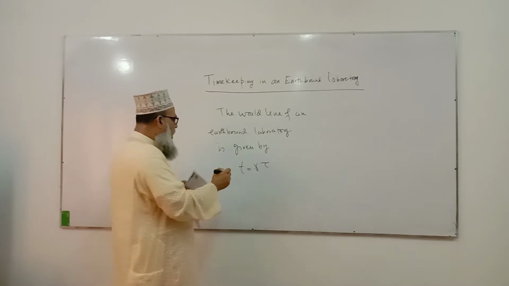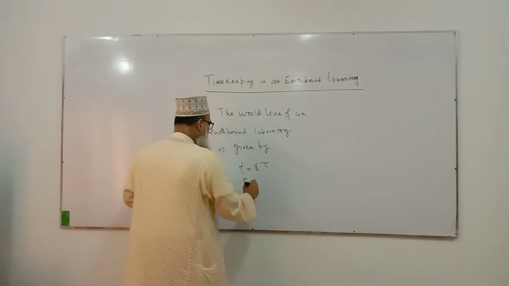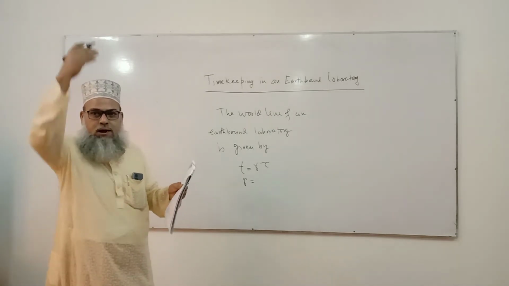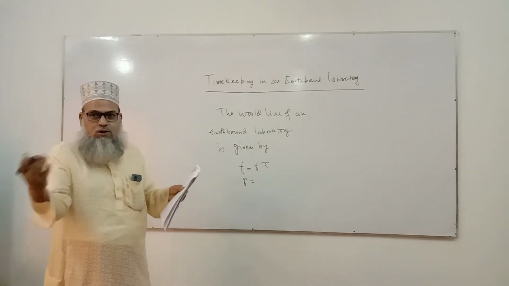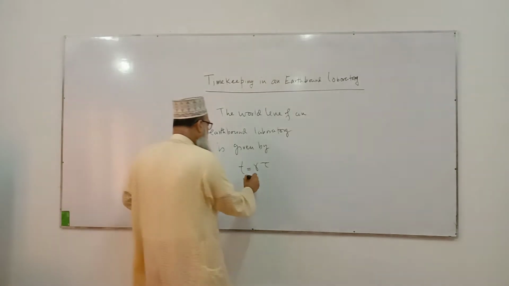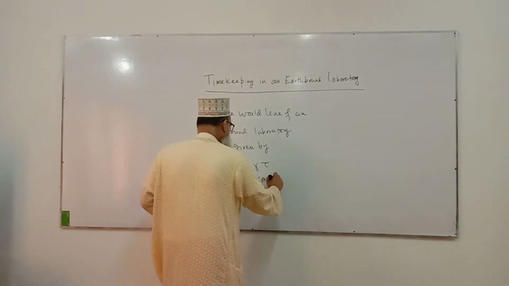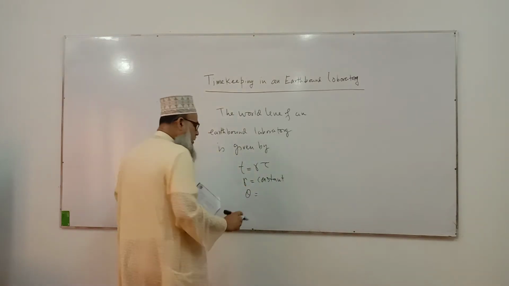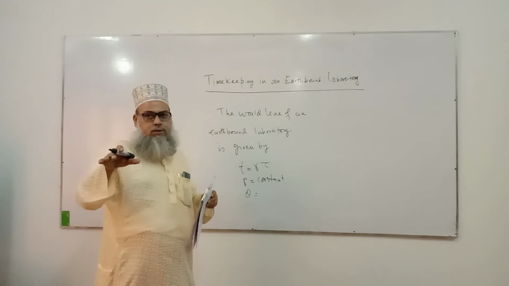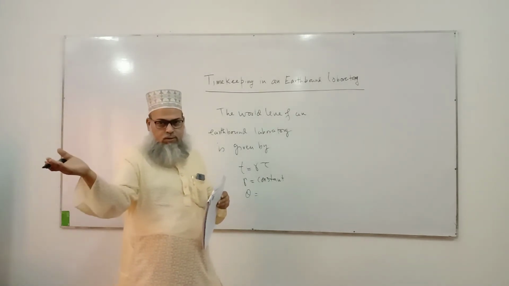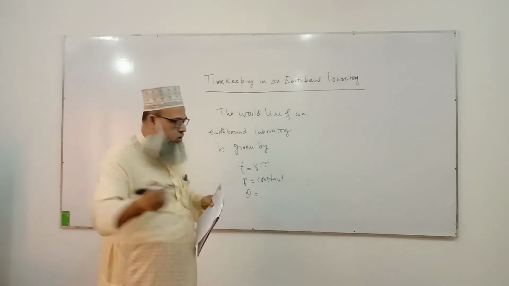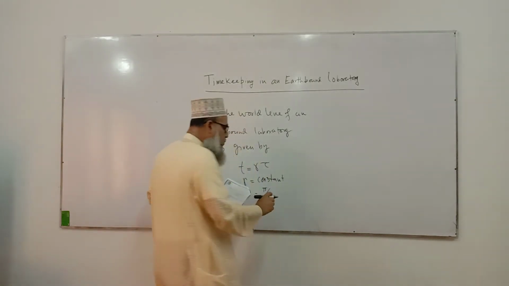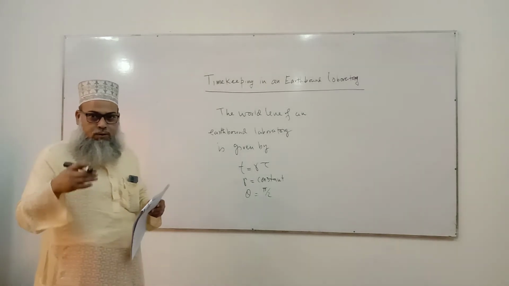Okay. Next parameter is R. Now the earth-bound laboratory is fixed. Its radial distance does not change, so R is constant. Then comes theta. Theta is the polar angle measured from the North Pole. So that is also fixed, constant, or pi by 2, because we are on the equator.